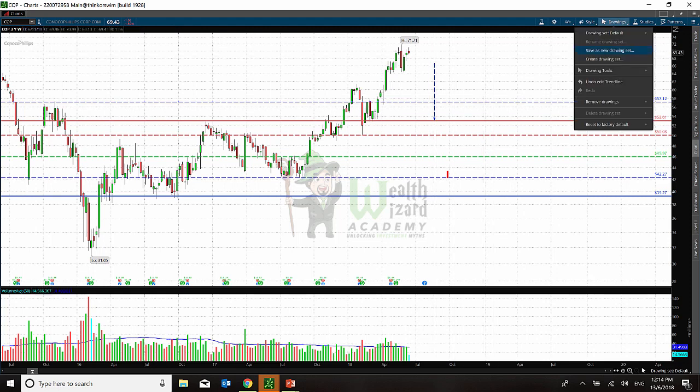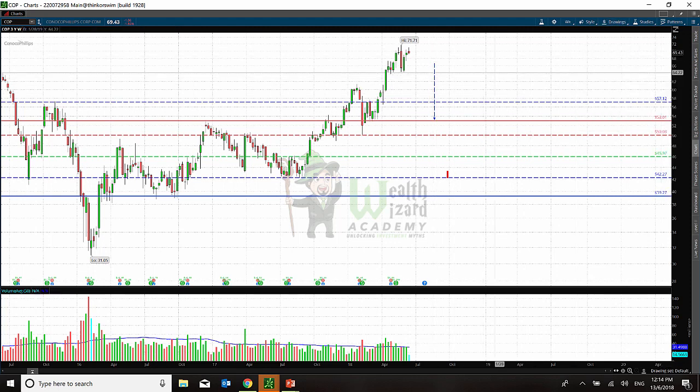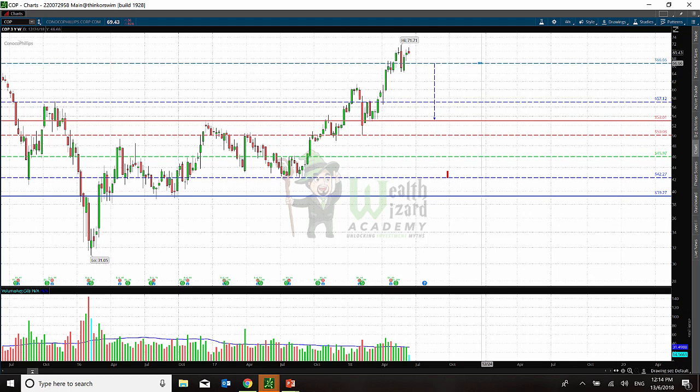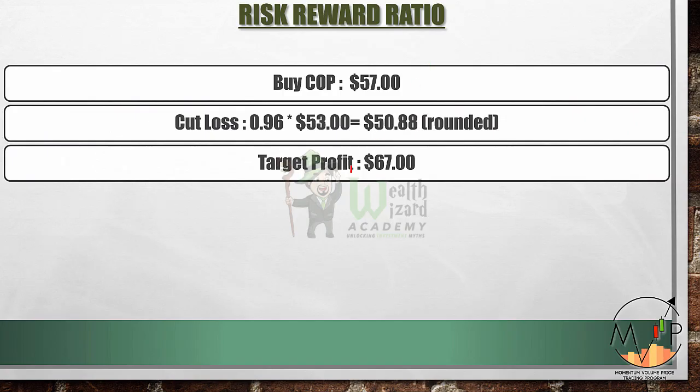That will give us our target profit for this value breakout at roughly $67. That's where the price is also kind of crowding right now. So $67 is the target profit based on an extrapolation from the size of this static value channel. That's how we calculate the target profit.